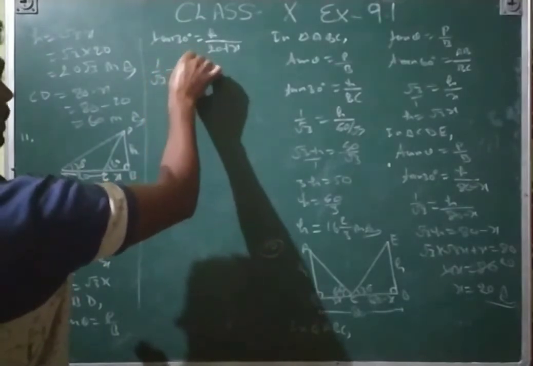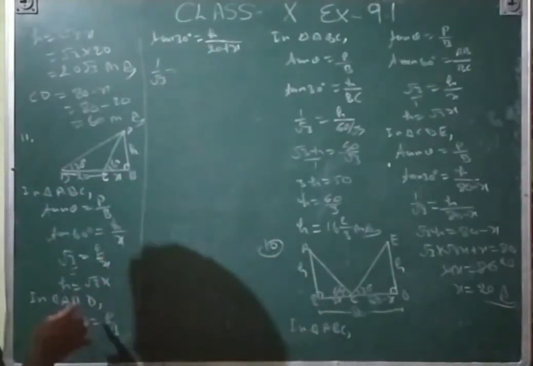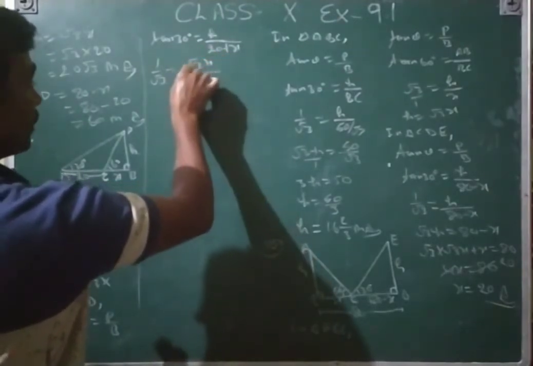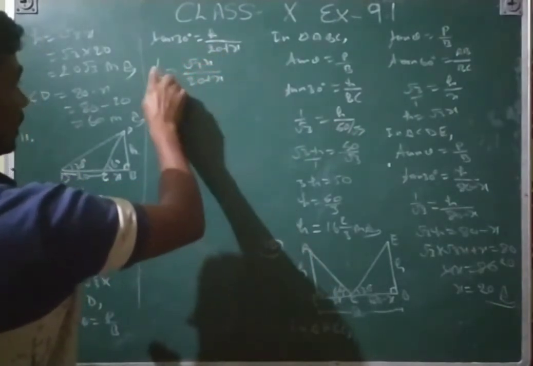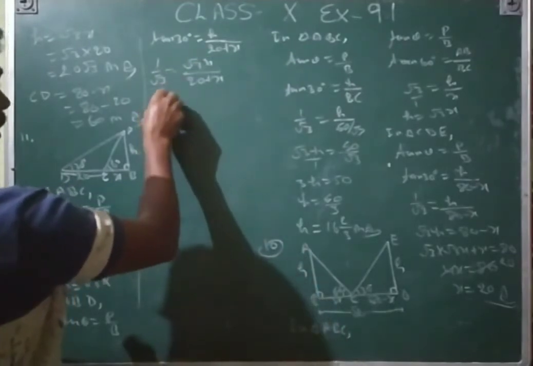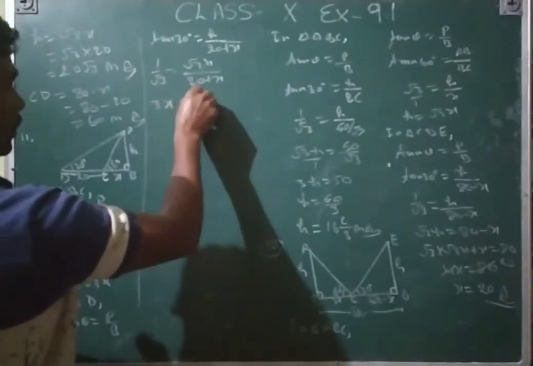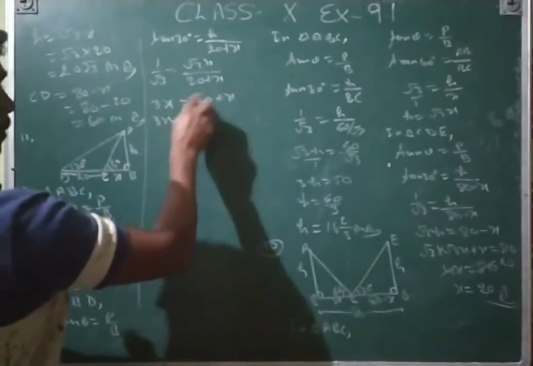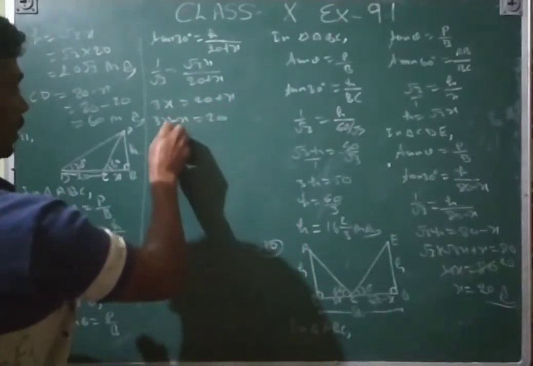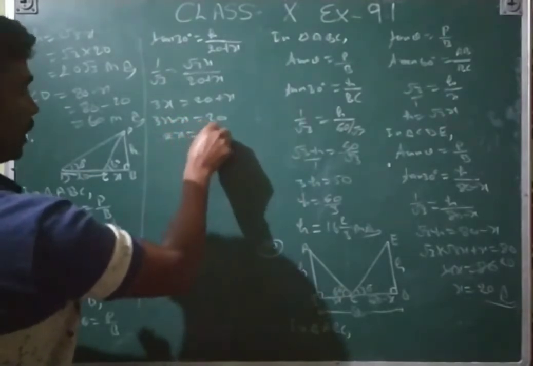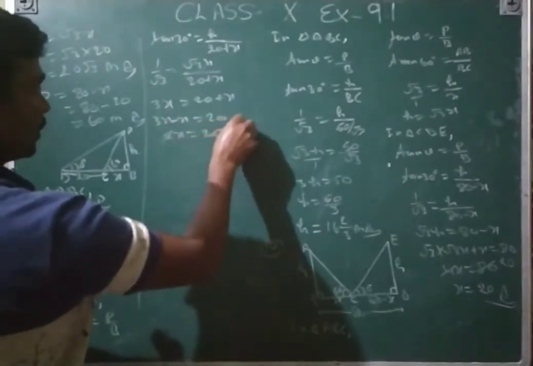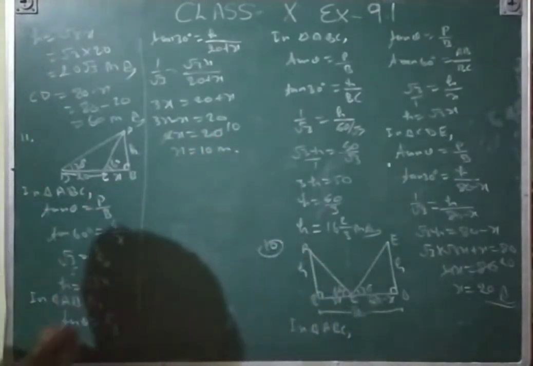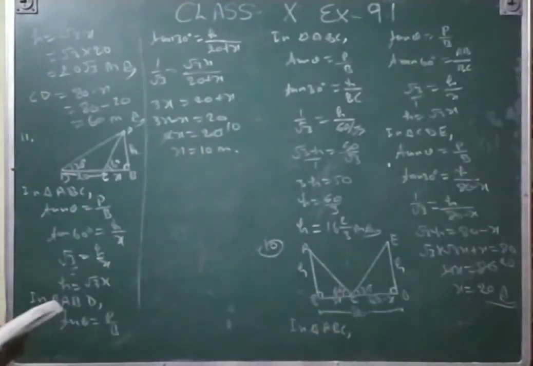The h value we have already, root 3 x upon 20 plus x. So by cross multiplying, that is 3x is equal to 20 plus x. Now 3x minus x, by interchange, 20. So 2x is equal to 20. So x is equal to 10 meter. That means the width of the canal is 10 meter.